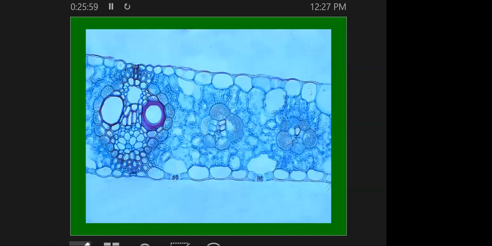Here's another image. So is this a monocot or a dicot? Yep, monocot. All the veins are in cross section coming out at you. And so parallel veins, so monocot. Again, if you cut the image in half mentally and then look at what's above and what's below, it's pretty similar.